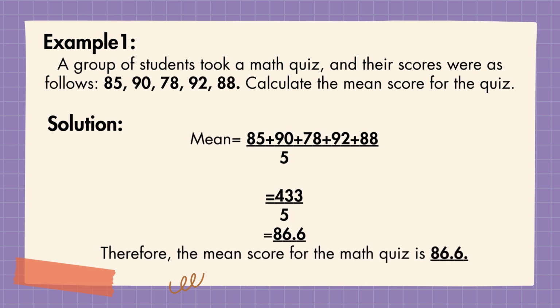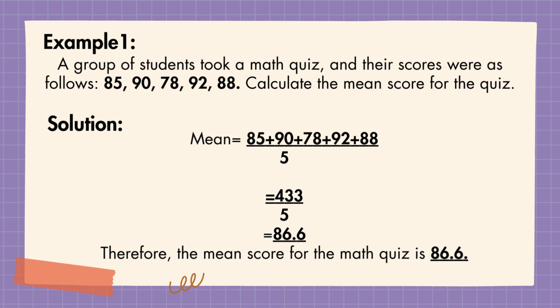So, first of all, we are writing down the formula for mean. Mean equals sigma, the sum over the numbers. So here, mean equals 85 plus 90 plus 78 plus 92 plus 88.